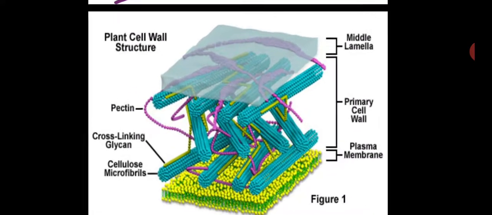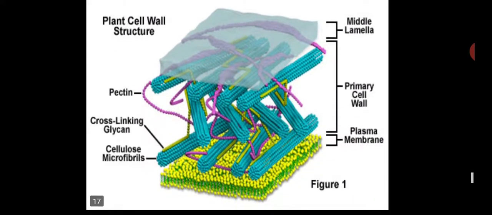Actually, this is the arrangement of pectin, hemicellulose, and cellulose. If you see the right side, the topmost jelly-like layer is the middle lamella and primary cell wall, and the yellowish one is the plasma membrane.